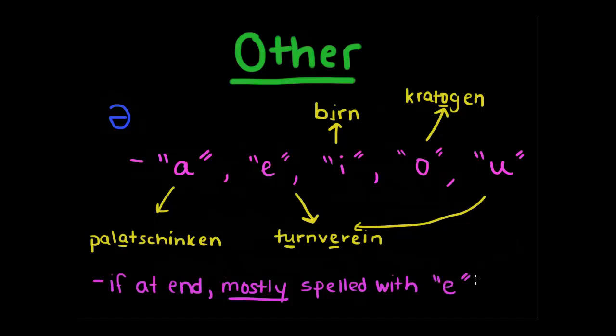Because most other languages use A for the endings of words. French, Greek, Latin, Italian, Spanish, a lot of other languages, Hindi, Japanese does too. Yeah, a lot of languages use A for the schwa at the end. But German uses E, and we've seen some examples.